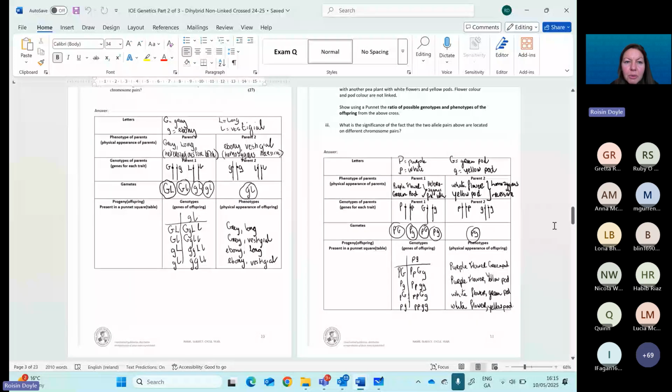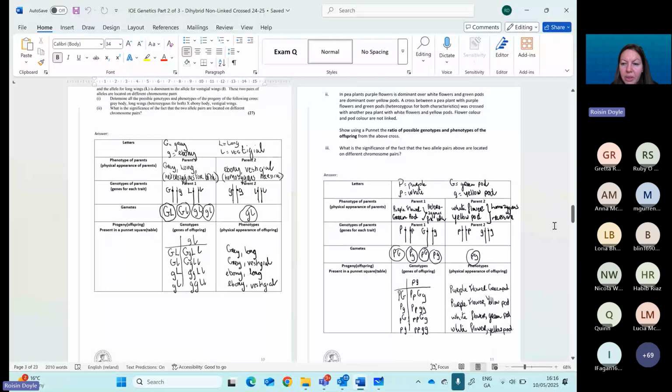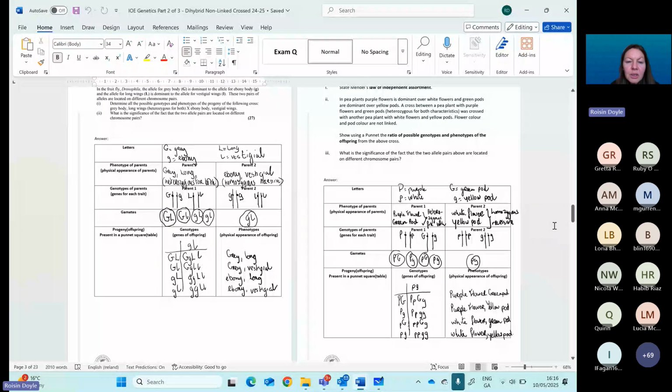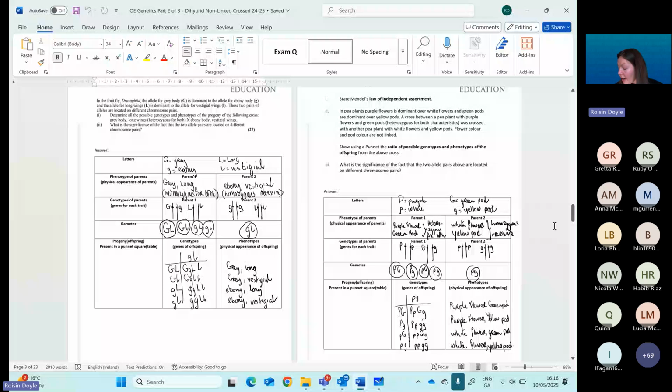Yes, look, I'm just zooming out on both of these questions for you. If you want to see a sample for yourself, these are sample questions. If you want to see how I use that template to solve a question, by the way, I should have stipulated, these are examples of dihybrid non-linked crosses.